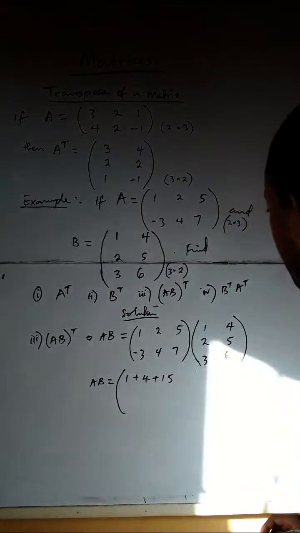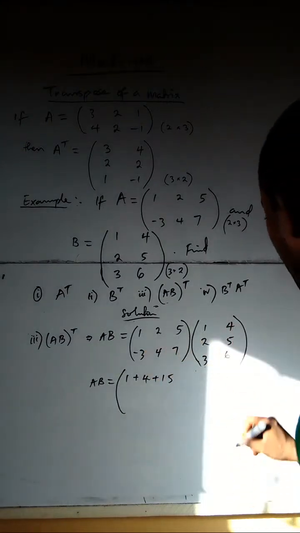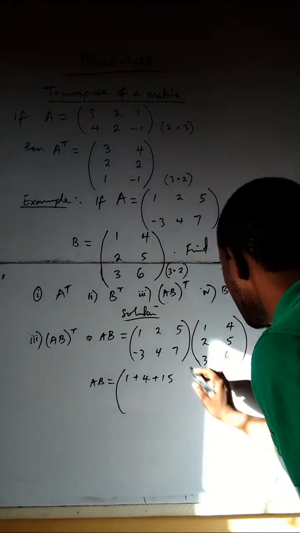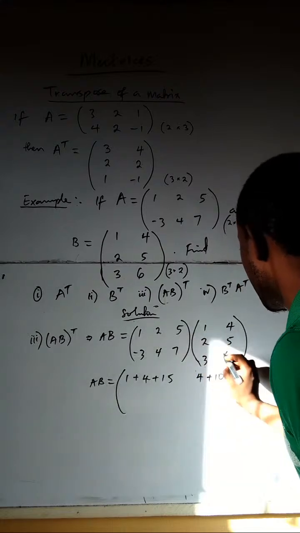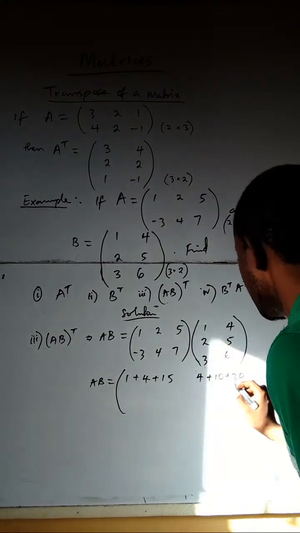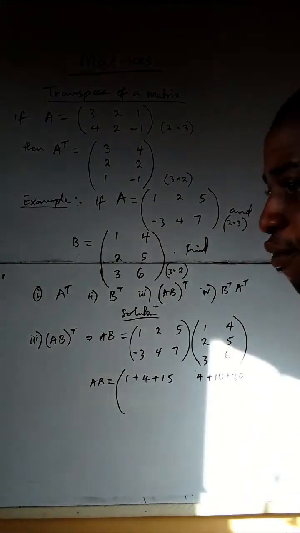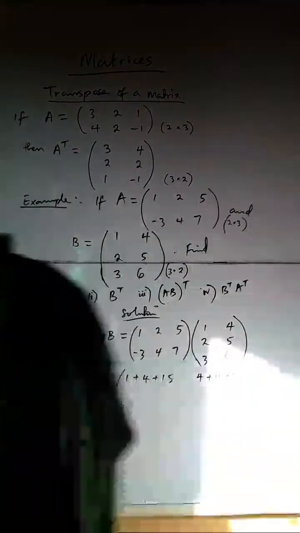Then we leave a space, and we use the same rule here for the next column. That is, we have 1 times 4, that's 4, then plus 2 times 5, that's 10, then plus 5 times 6, that's 30. Then we do the same thing for the next row here.